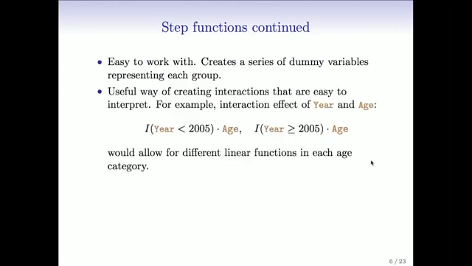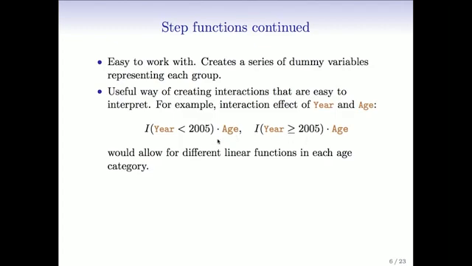It's also a useful way of creating interactions that are easy to interpret. So, for example, think of the interaction effect of year and age in a linear model. So what you can do is, for example, make a dummy variable of year. So let's say cut year less than 2005, and have another one year greater than or equal to 2005.